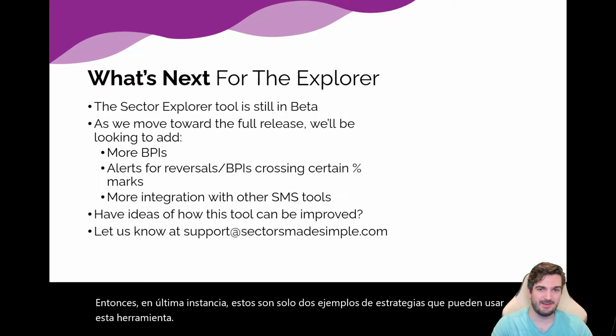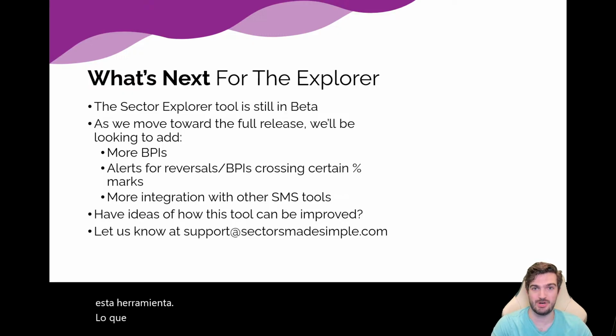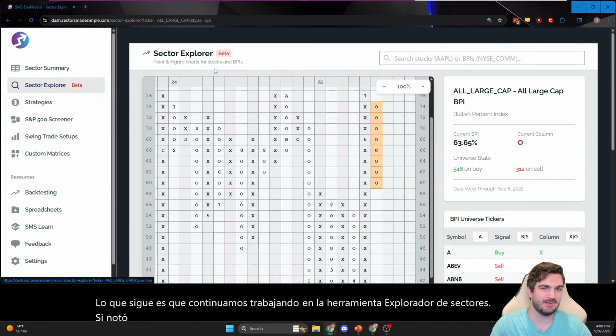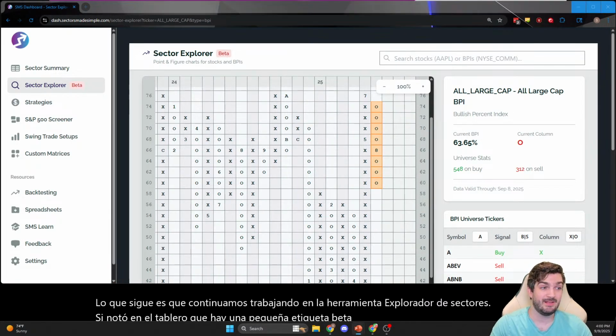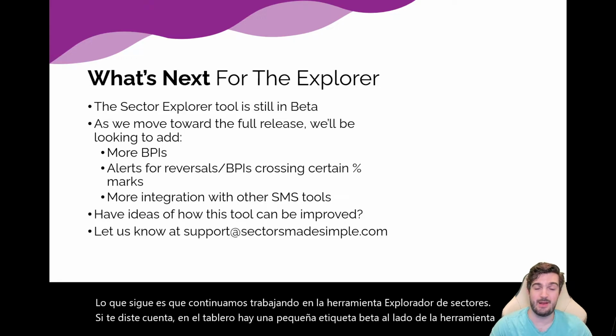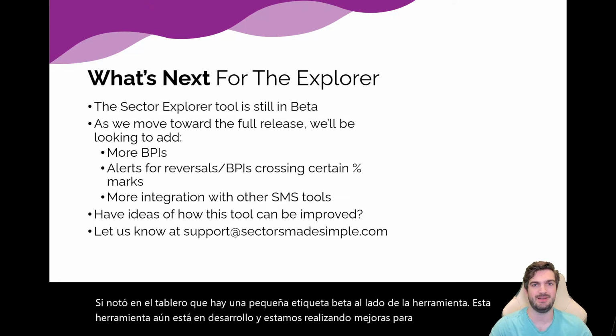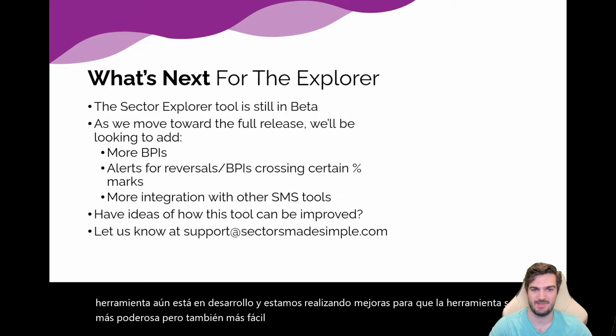What's next is that we're continuing to work on the Sector Explorer tool. If you noticed on the dashboard, there's a little beta tag next to the tool. This tool is still in development, and we are making improvements to make the tool more powerful, but also easier to use.